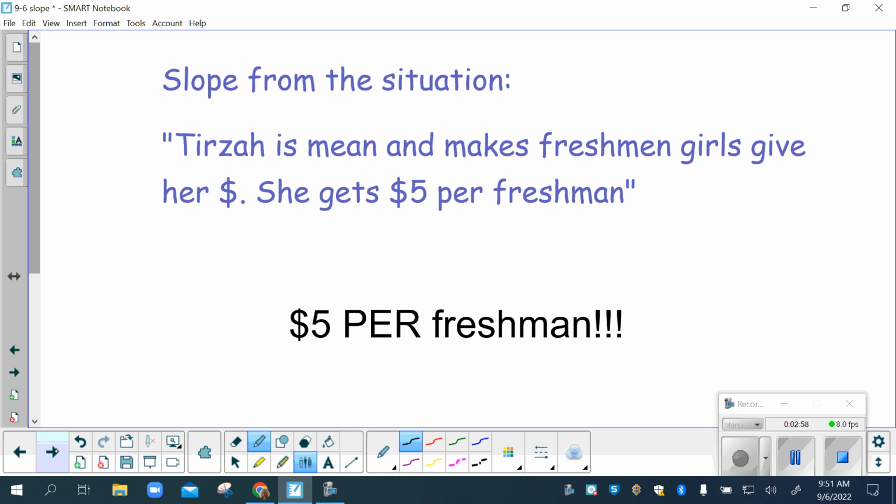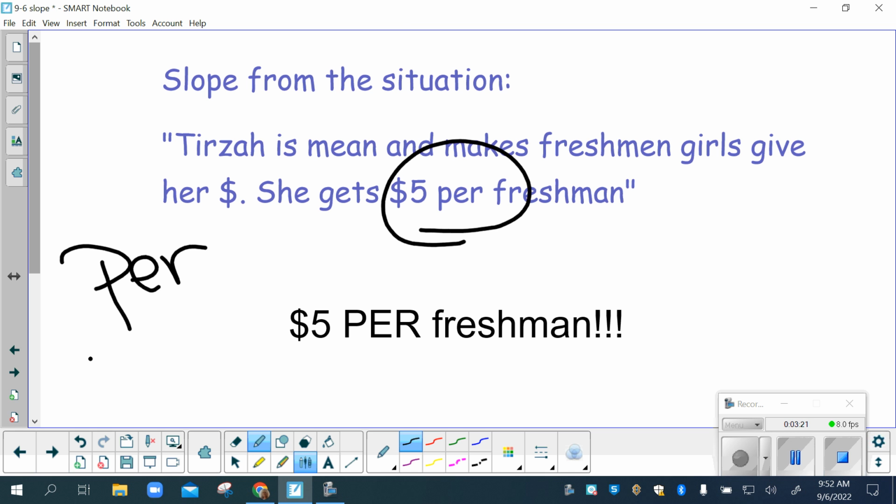Now, the first thing that I want to talk about is in real life. See, Terza's not even here because I actually put her in the notes. Terza, I hope you're watching. So Terza is mean, and she makes freshman girls give her money. She gets $5 per freshman. When we talk about slope in real life, we are using this word a lot, the word per, and you can write that down somewhere on your paper.